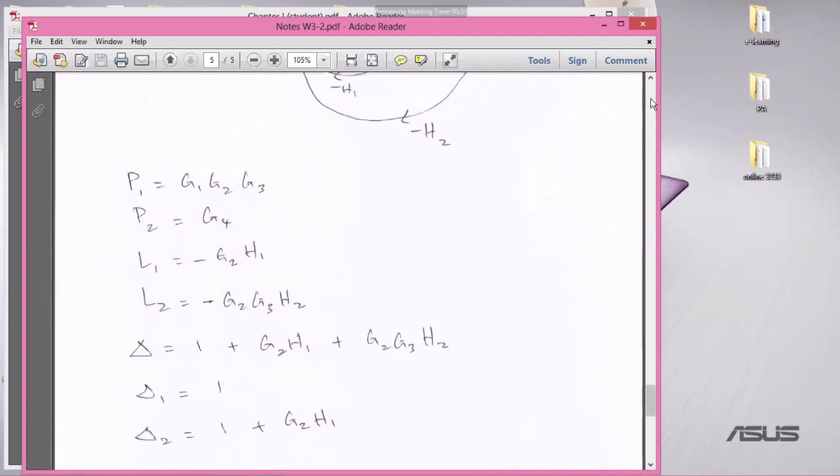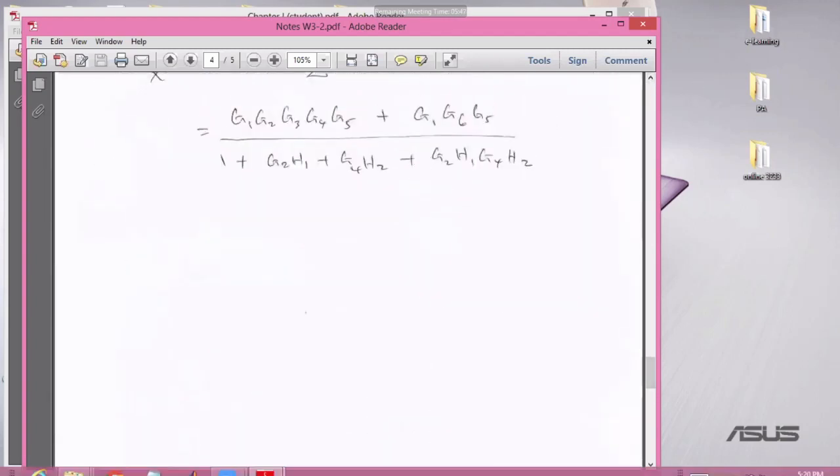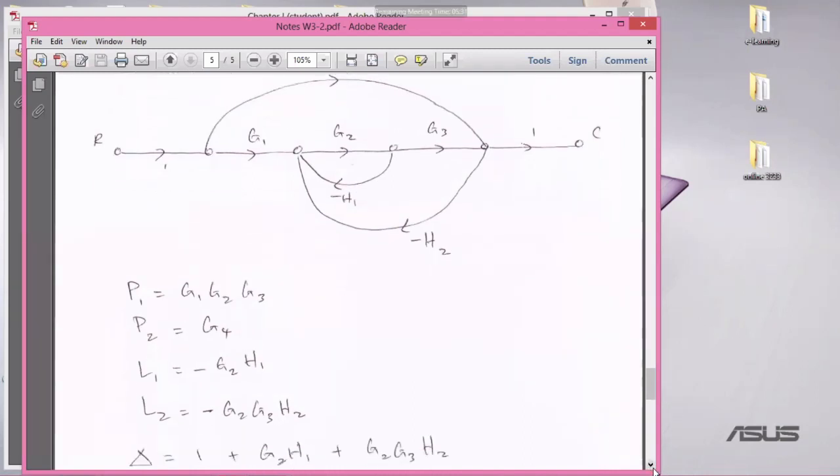But delta 2 here, L1 does not touch P2. L1 does not share a common node with forward path P2. Therefore, you do not drop L1 from your delta to get delta 2.